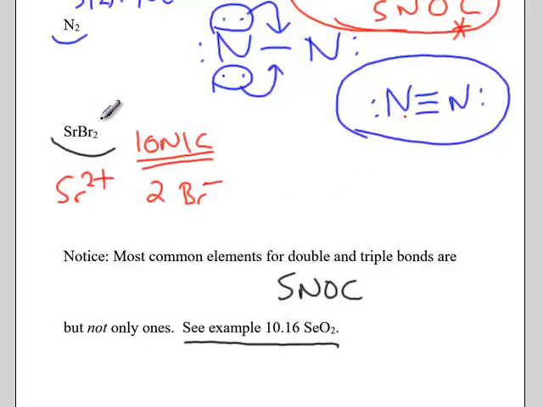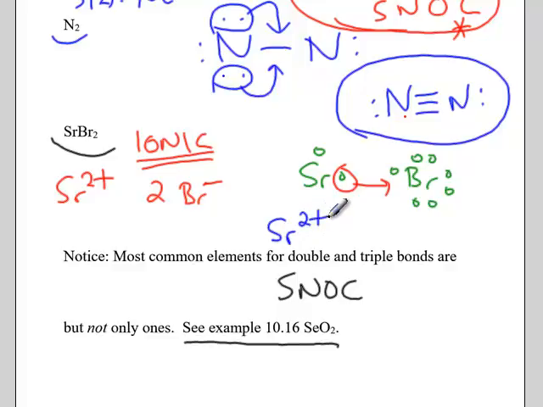The strontium starts off with 2 valence electrons, and each bromine starts off with 7 valence electrons. Each one of the bromines is going to steal 1 electron, so the strontium will end up with no valence electrons and a +2 charge.